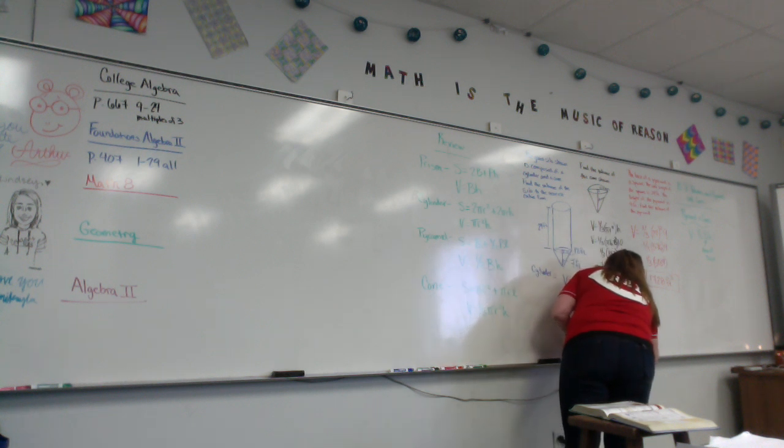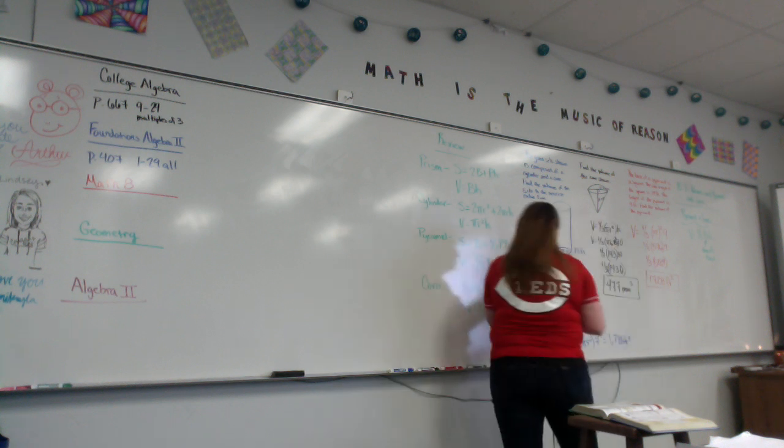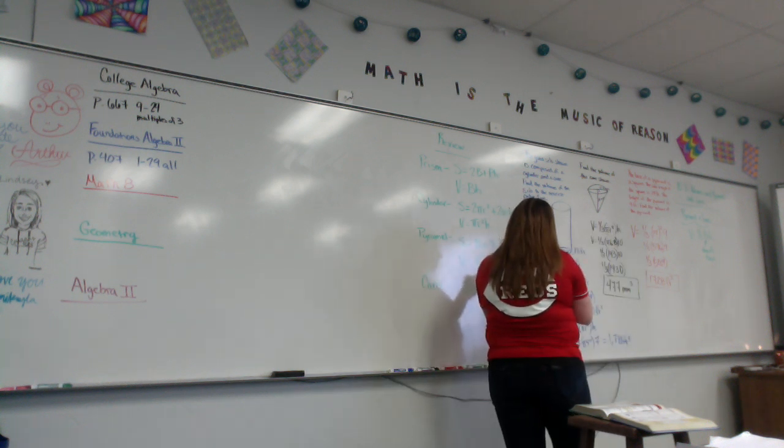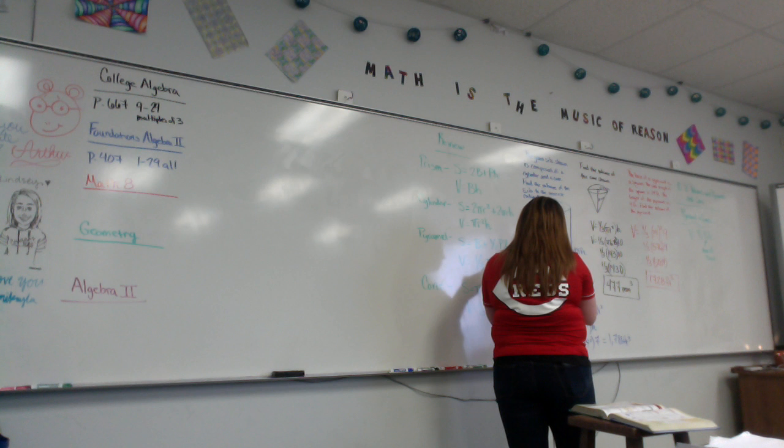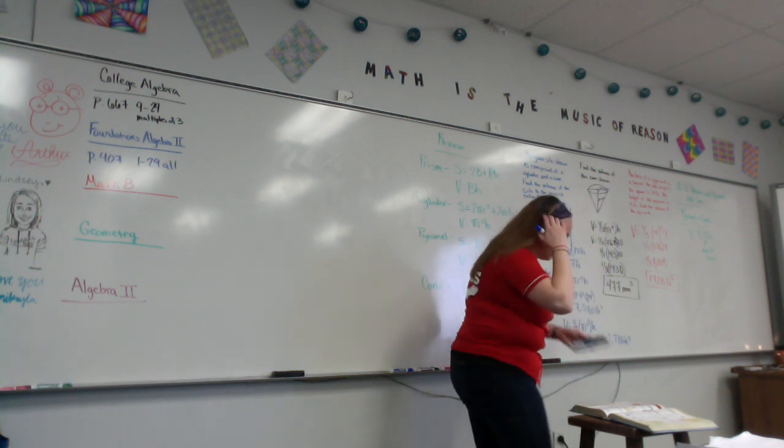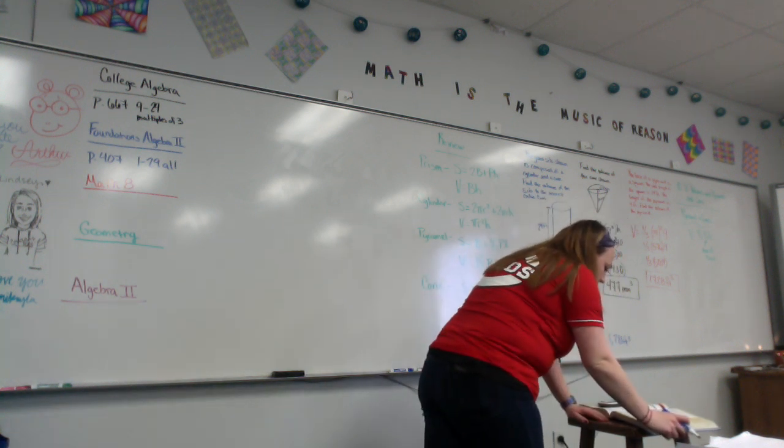So it would just be 1,700. Okay, now let's add those two together. 1,781 plus 7,000 is 9,161.2.